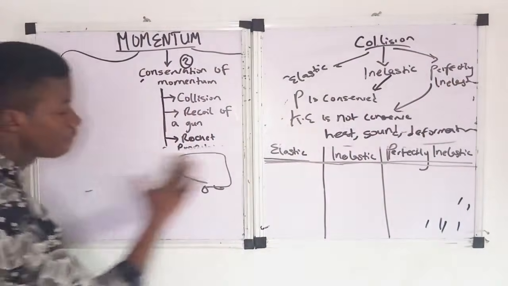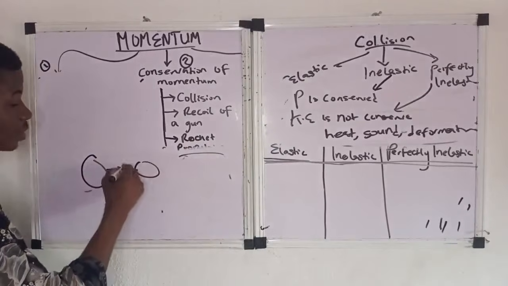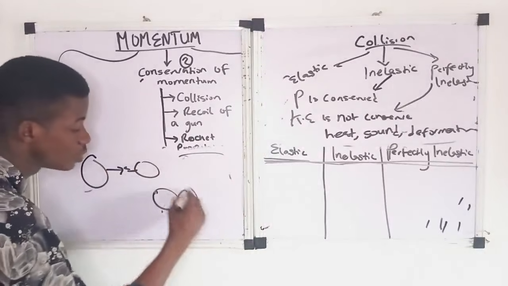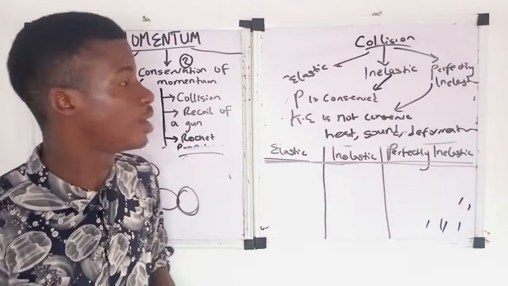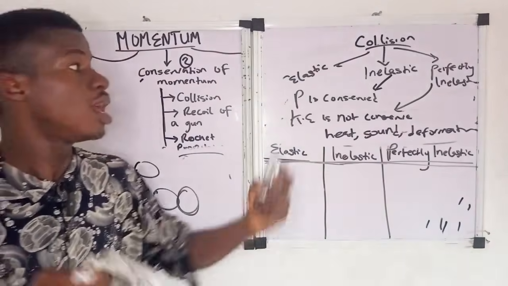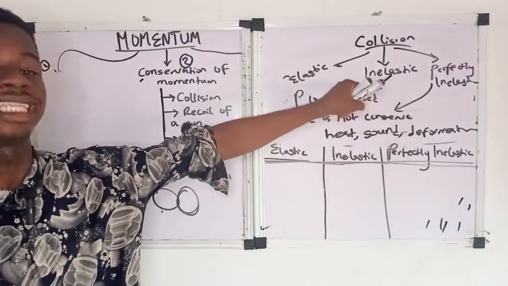This is very important. In perfectly inelastic, after they collide, the bodies stick together and move with a common velocity. So that is the difference between perfectly inelastic and inelastic.